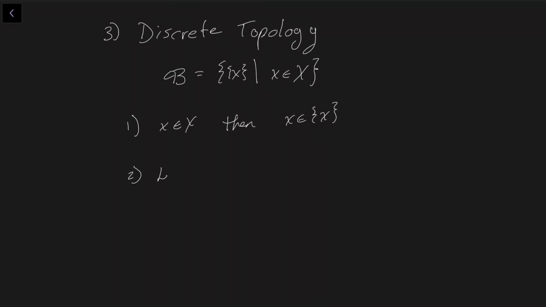So every element is in some basis element. And now if we have two basis elements, say B1 and B2, and a point x in their intersection, x is contained within the singleton set {x}, which is going to be a subset of the intersection.